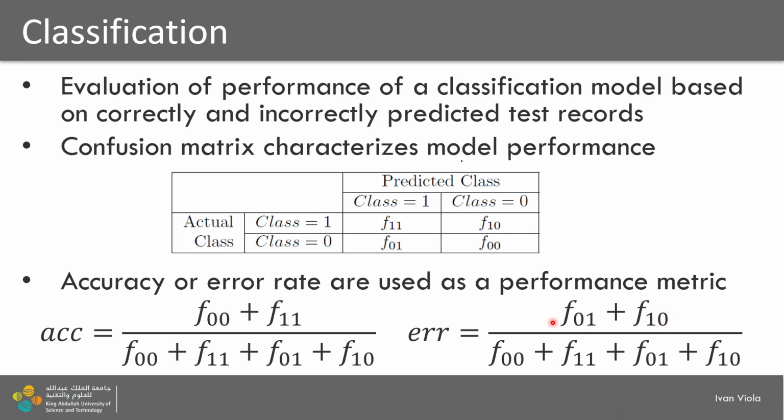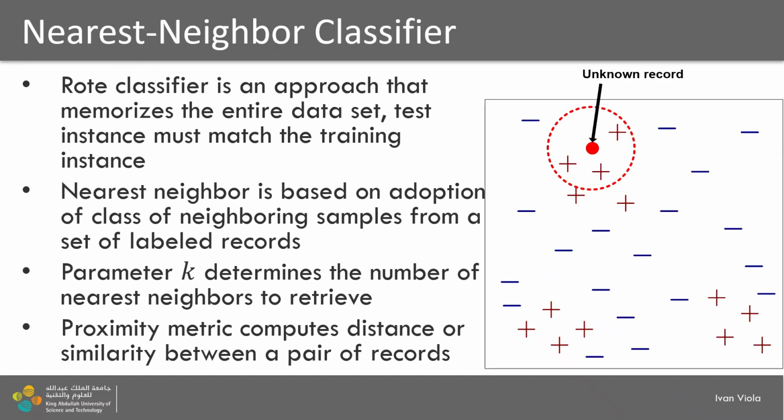So we have 20 and 20, so this will be 40 divided by 100, so the error rate will be 0.4 in this case. These two are important metrics which characterize the performance of our classification model. We will start our discussion about specific classification techniques with the nearest neighbor classifier.